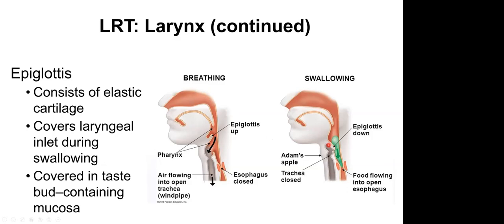Interestingly, the epiglottis is actually covered in taste bud containing mucosa. So whenever food comes in contact with the epiglottis and those taste buds are stimulated, it stimulates the epiglottis to fold down, and so the bolus of food can move down the esophagus.